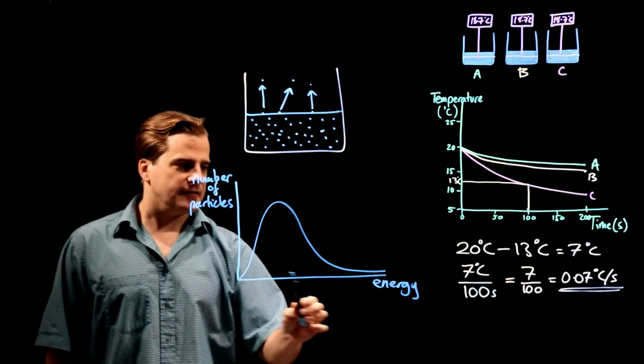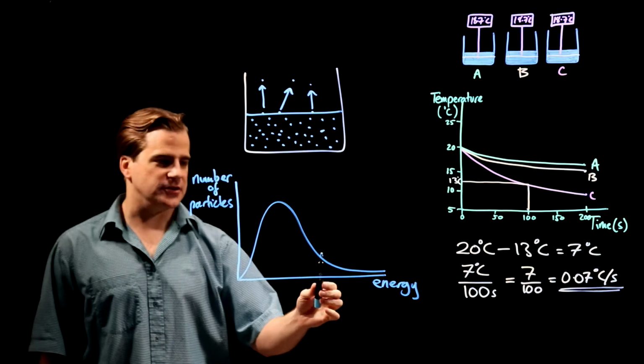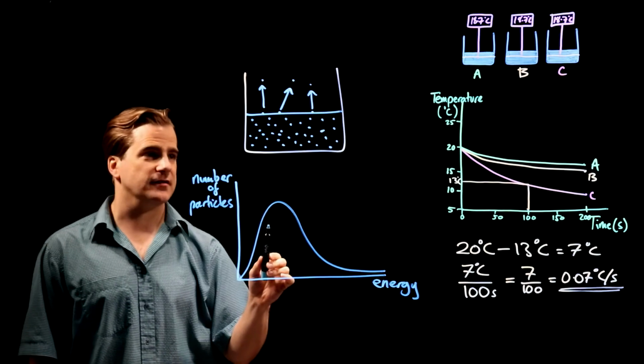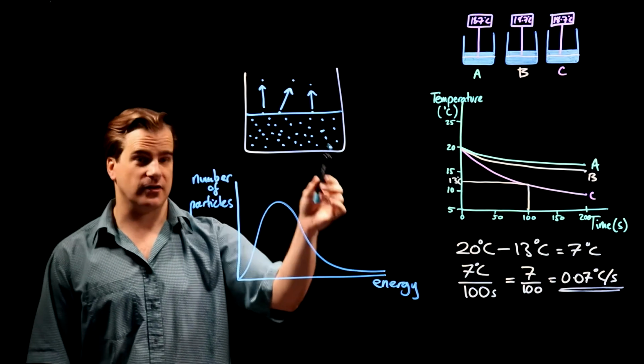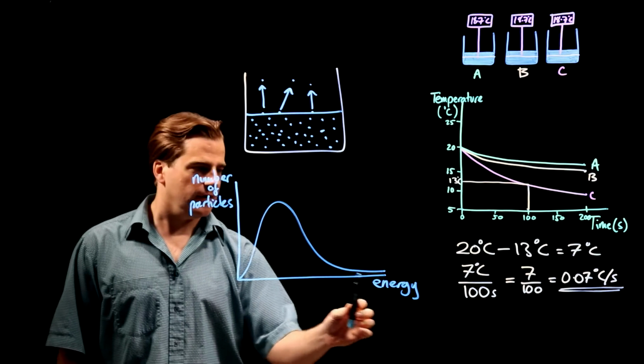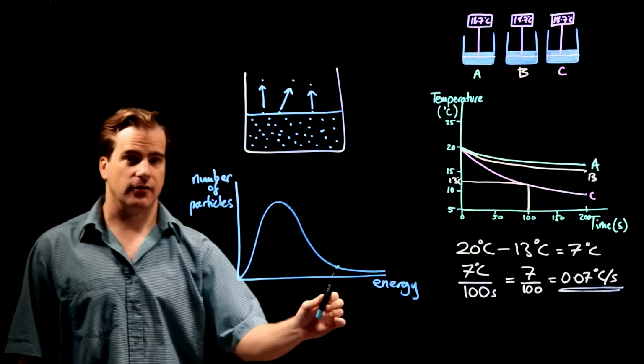And this is called the Maxwell-Boltzmann distribution. It describes the distribution of particle energies in a liquid, just like we've been talking about. So, the x-axis is the energy of the particles.